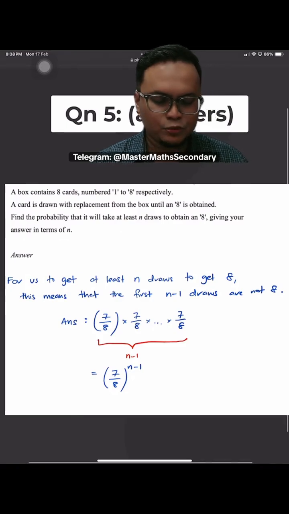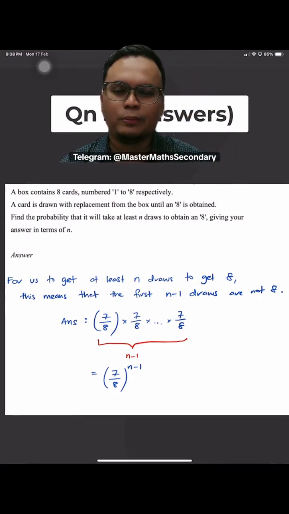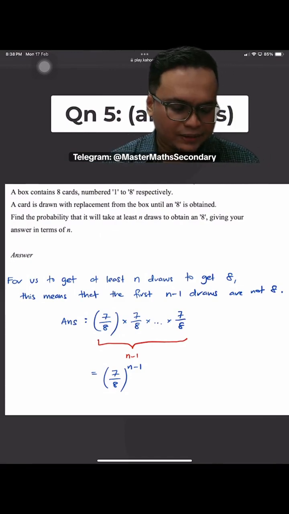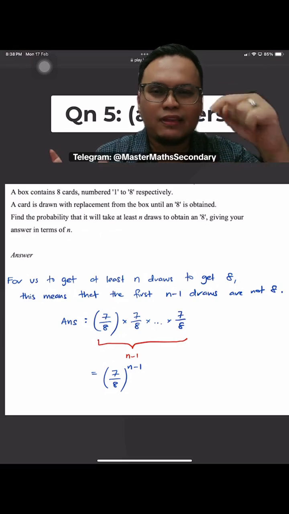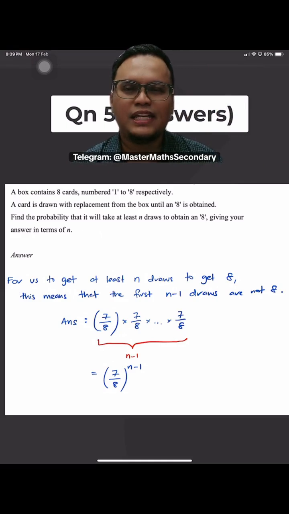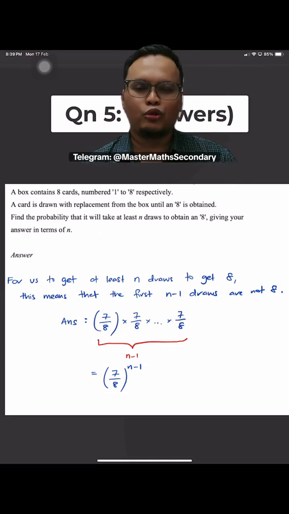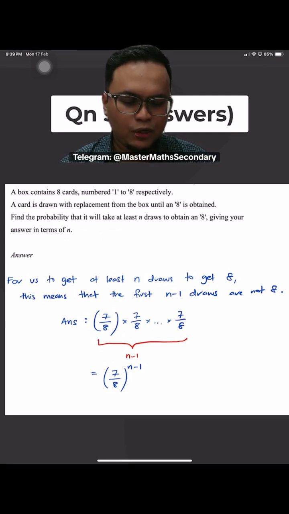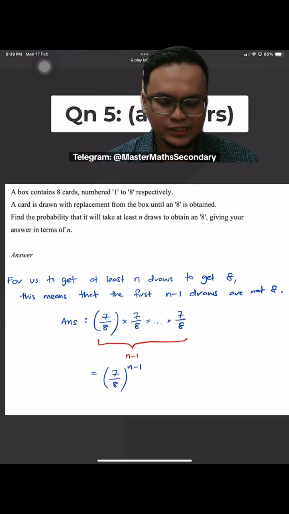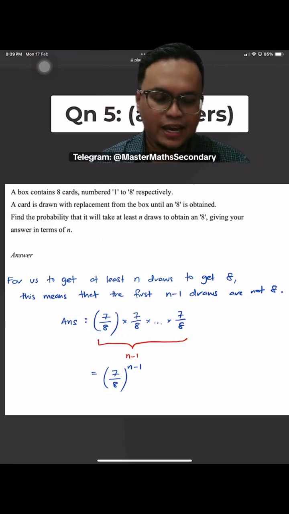For us to have at least n draws to obtain an 8, this means that the first n minus 1 draws, before the nth draw, are basically numbers that are not 8, because the game will only stop when you draw an 8. So the question says, find the probability that it will take at least n draws to draw an 8.